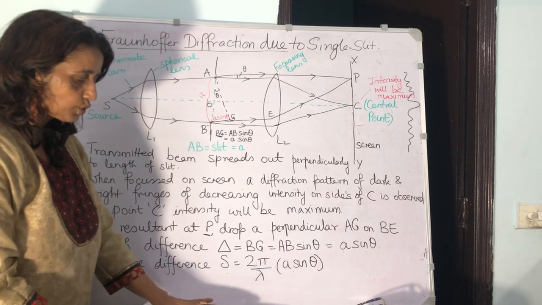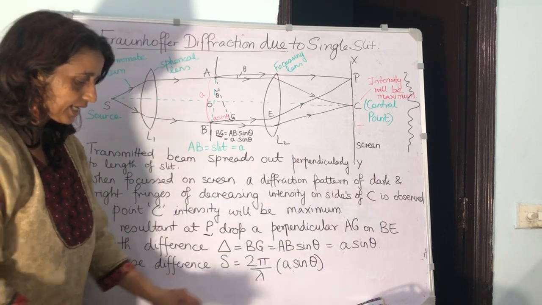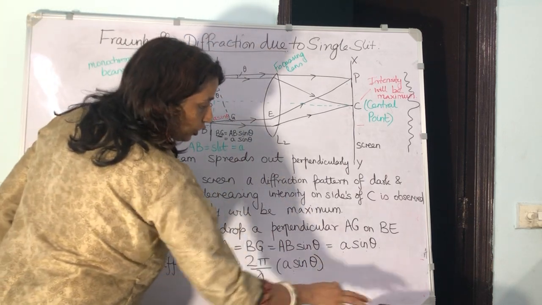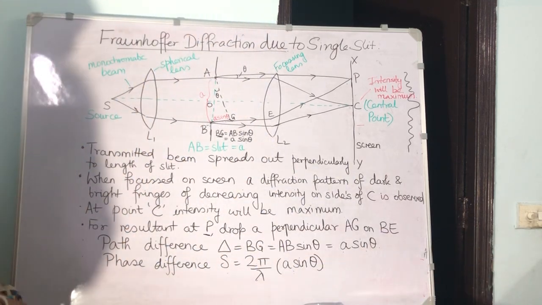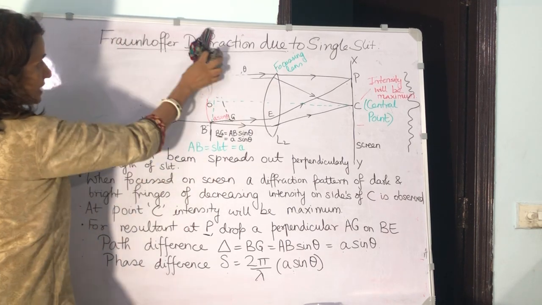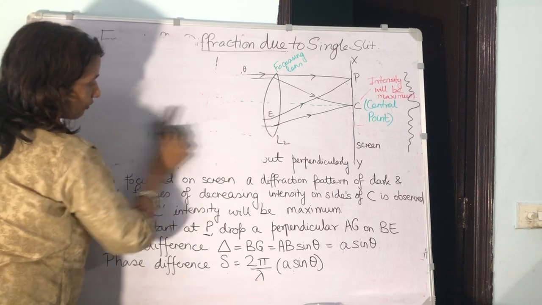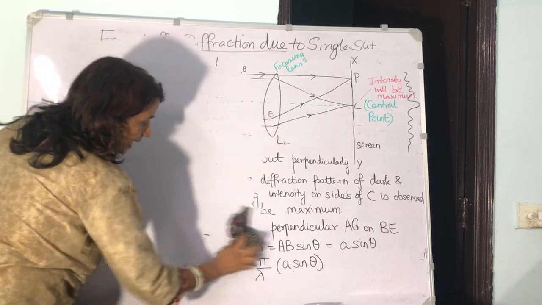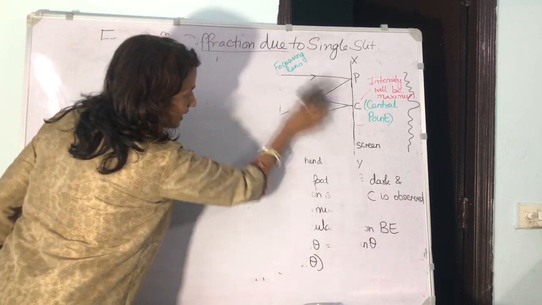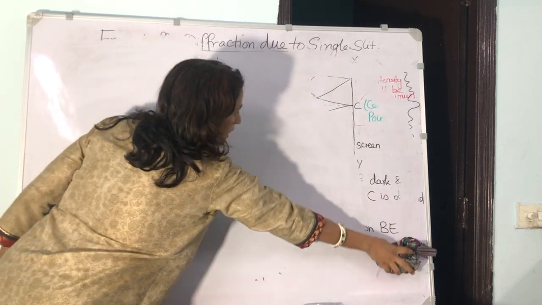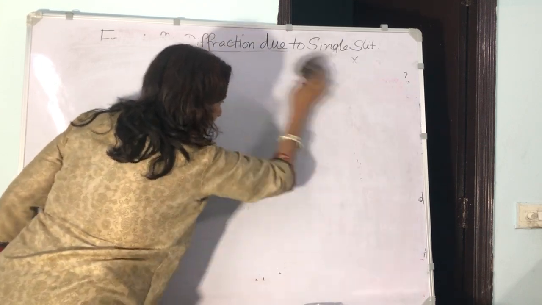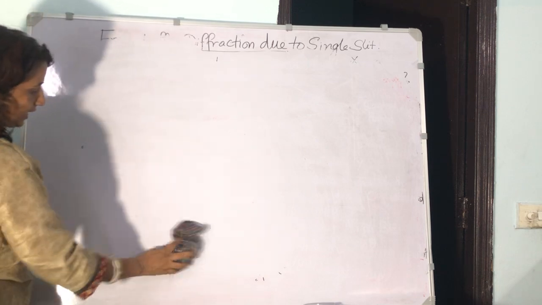Now what are we going to do? We will find out an expression for the intensity. So in order to find an expression for intensity, we will use the formula of intensity due to resultant of n number of waves in simple harmonic progression and following the AP series, which we explained in the previous lecture, and then derive an expression for intensity.